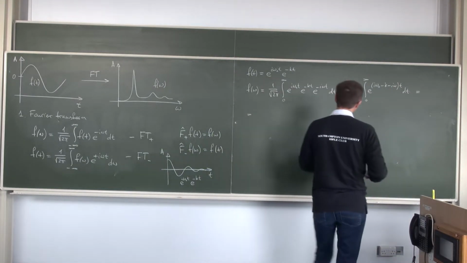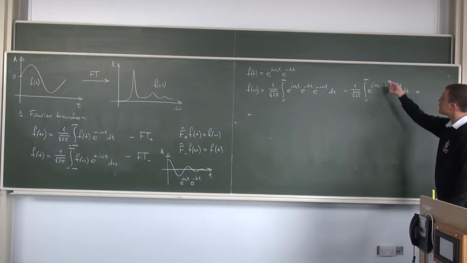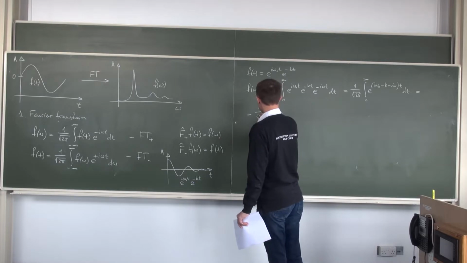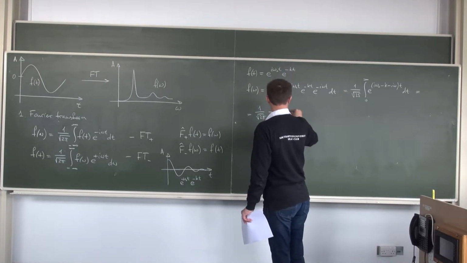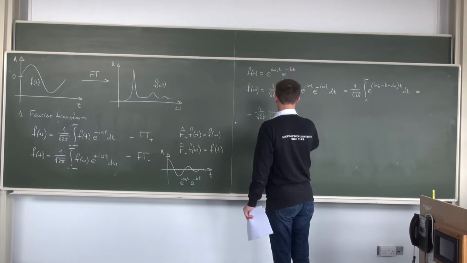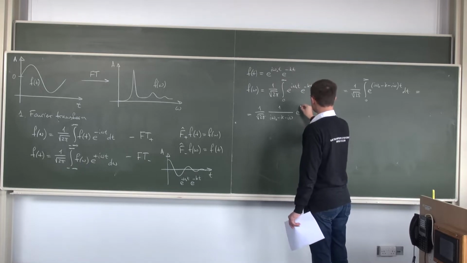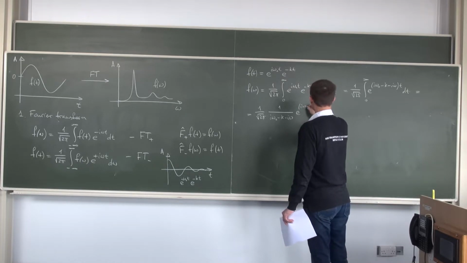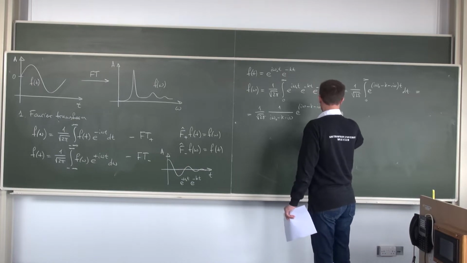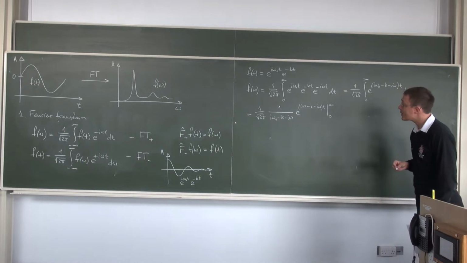We will have this entire bracket popping in the denominator, and then the rest of it will remain unchanged. So 1 over root 2 pi, 1 over i omega naught minus k minus i omega, and then exponential of that same thing, i omega naught minus k minus i omega t from 0 to infinity as per the Newton-Leibniz formula.